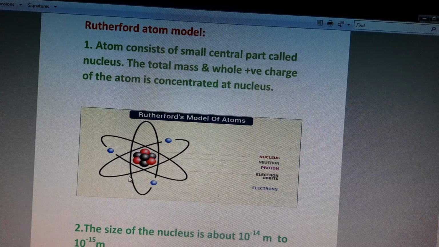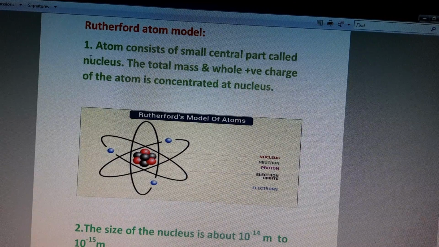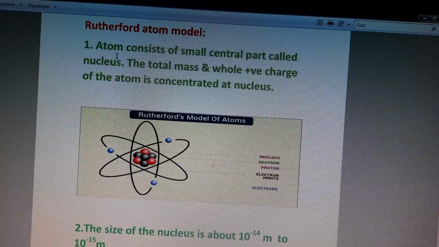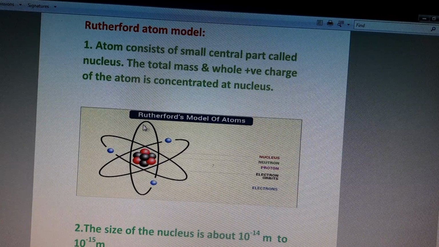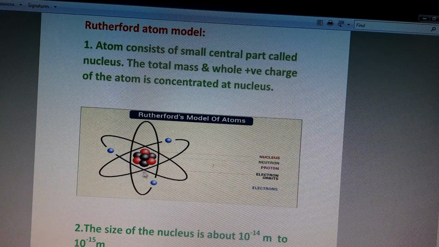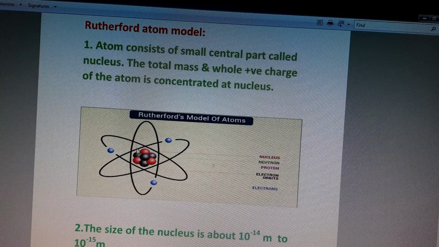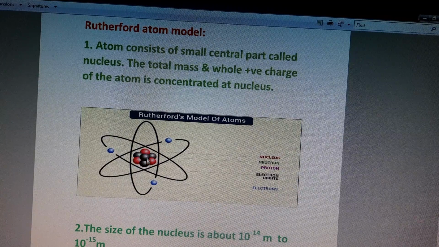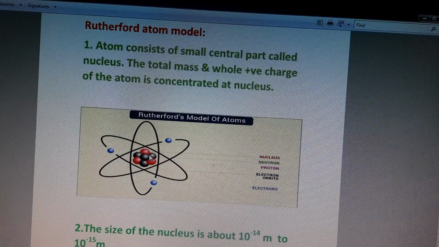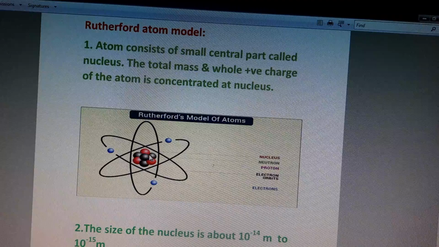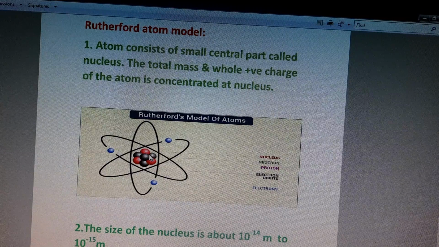In the Rutherford atomic model, the first postulate is that the atom consists of a small central part. When we observe any atom, the center point is a central part called the nucleus. This nucleus has some mass and some charge.